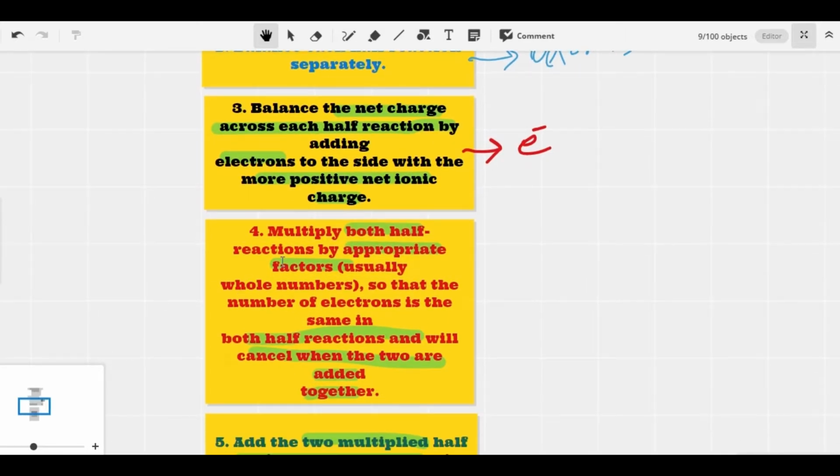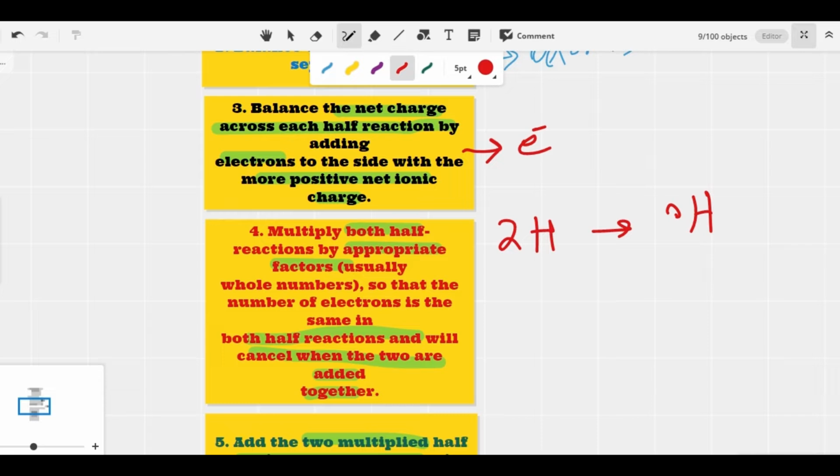And the fourth one is to multiply both half reactions by an appropriate factor. For example, here is 2 hydrogen and the other one is only hydrogen, so you need to multiply by 2, some whole number, so that the number of electrons is the same on both sides of the reactions and will cancel when the two are added together.